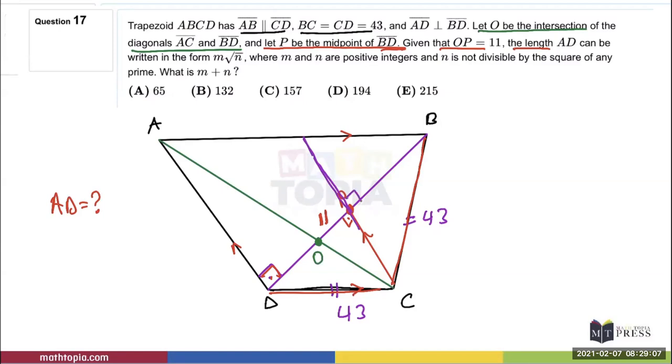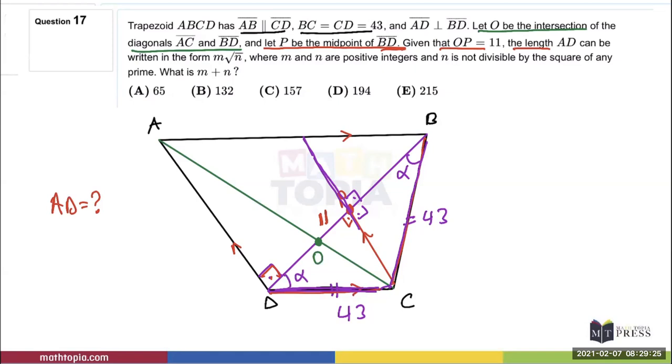And this is also 90 degrees, this is also 90 degrees. We have to use the 43 and 43 isosceles triangle feature. Let's say this is alpha.